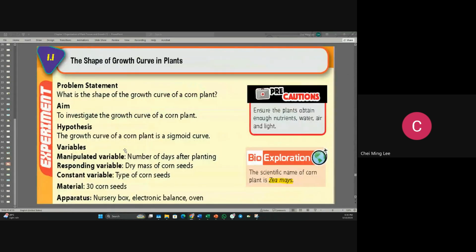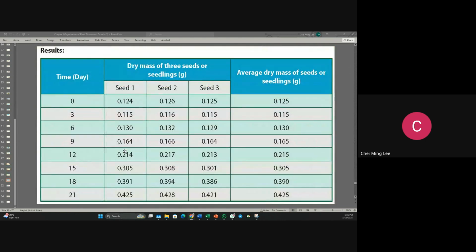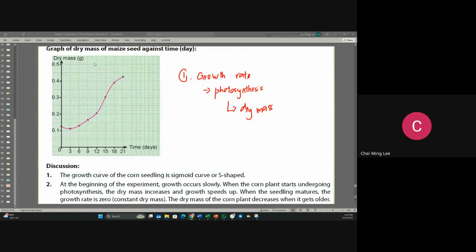This should be pretty easy. These are the results, this is the graph. The growth rate depends on photosynthesis, and we measure it by dry mass. So it is a sigmoid curve, or S-shape.